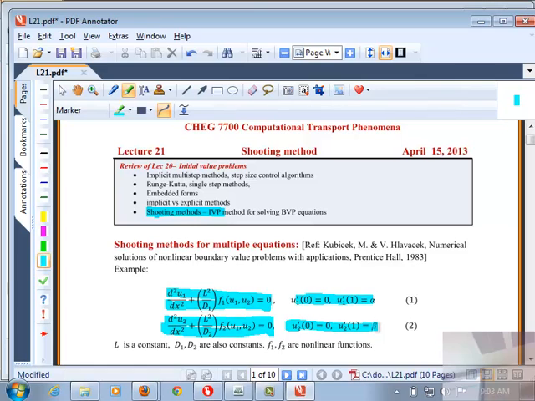And here L is a constant, D1, D2 are constants, and F1 and F2 are nonlinear functions, but known functions. So it could be e to the power u1 times u2 or something like that. Typically these come from diffusion reaction problems, where u1 could be a composition and u2 could be a temperature, non-isothermal reaction. Okay, so that's the problem.